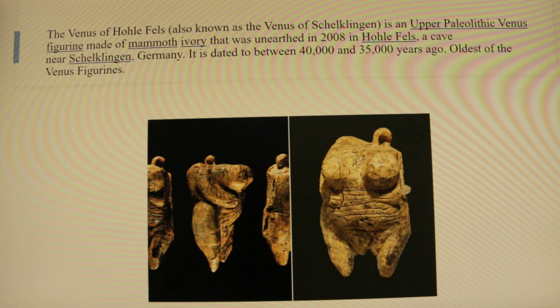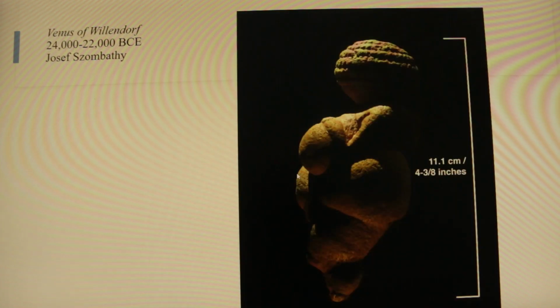We don't know. But what we do know is they're all typically kind of the same. We have the big, large breasts, we have the big belly, and no feet. So these are not meant to be stood up. They're not a little thing to worship. They're meant to be carried in your hand as you travel.